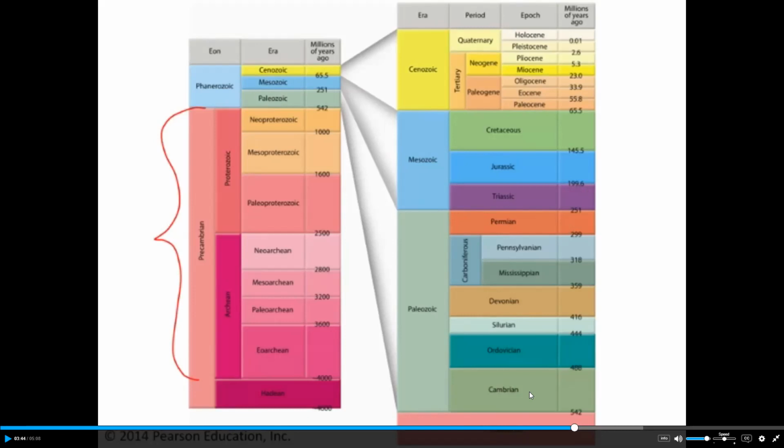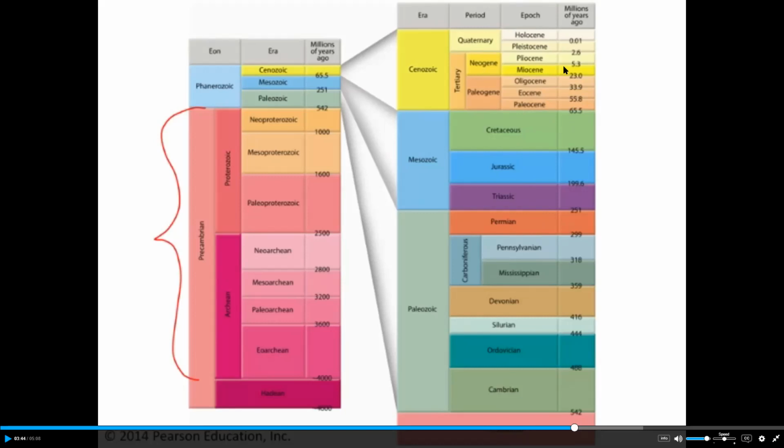And as you see, we don't have the ones divided into Mesozoic and Paleozoic, but if we look at the Cenozoic, you notice they all end in CENE there. And we can divide these, but they're not as specific as we see in the Cenozoic. We know more about the Cenozoic because that is the most recent. We've been able to study it a little bit more.